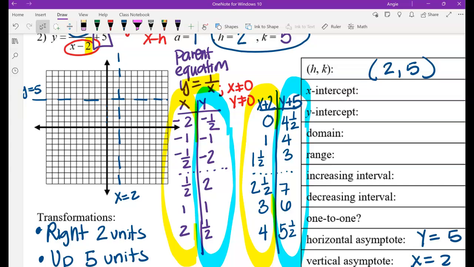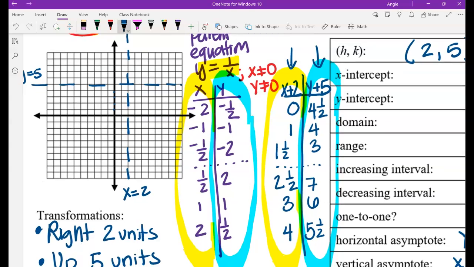So let's plot our transformation table, the x and the y's. 0, 4.5. So 0, 4.5 is right here. 1, up 4, and 1.5, go up 3, so that's going to be this. Don't touch your asymptote. So go like that, don't touch it. Okay, just like that. We get very, very close to the asymptote, but don't ever touch the asymptote.